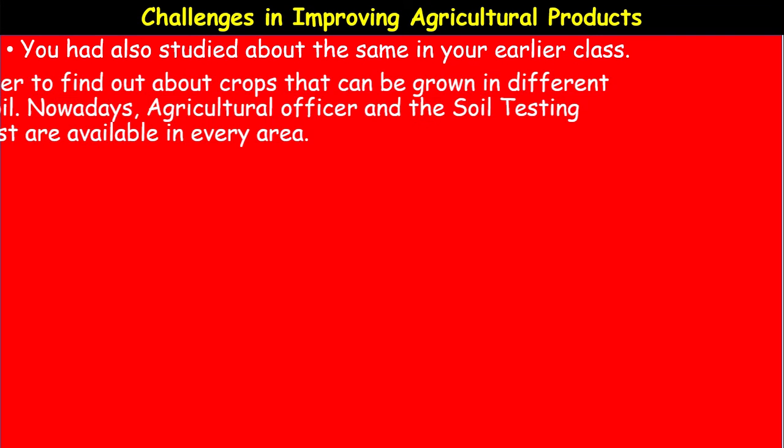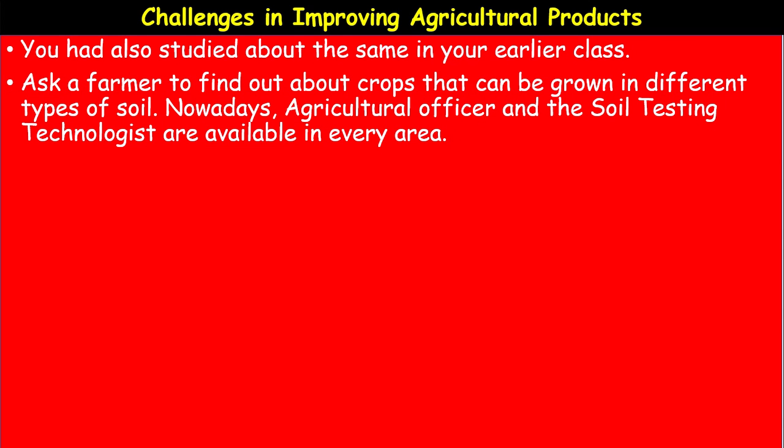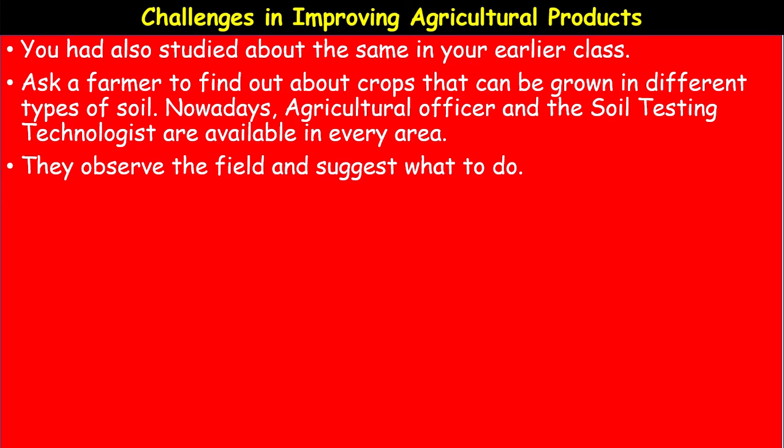So, you had also studied about the same in your earlier classes. So, ask a farmer, take an interview to find out about the crops that can be grown in different types of soils. Nowadays, the agricultural officers and the soil testing technologists are available in every area. Okay. So, the farmer just has to be educated to utilize their services.